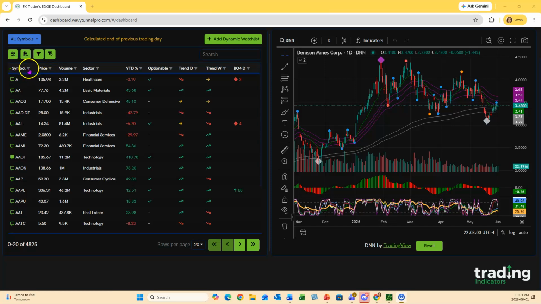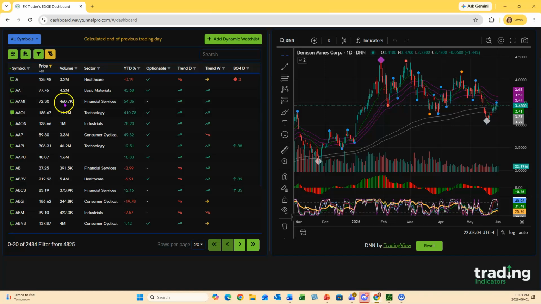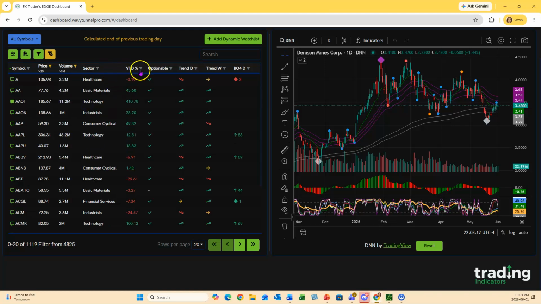Let's define our criteria. I want price to be greater than $25. I don't want to find stocks for less than $25. I want the volume to be greater than 1 million. I would like this to be optionable in case we take an option position, although we don't really need to filter for that, because if it's not optionable, we will know, and we won't be able to take an option position on that.